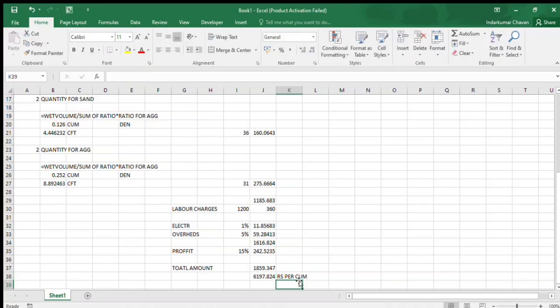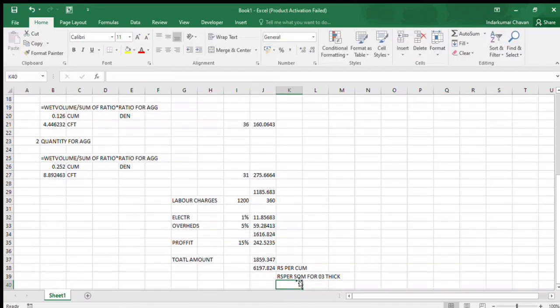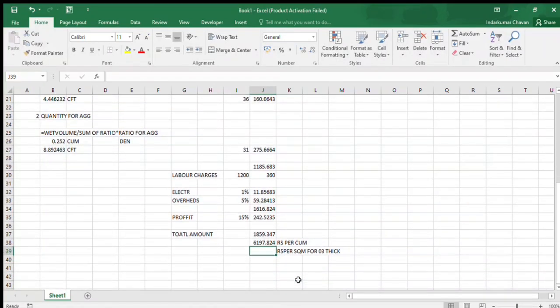Then another thing is for 1 square meter area, so I just need to calculate the rate per square meter, right? For 0.3 thickness, right? So you just take inputs here plus this divided by 1 square meter, right?